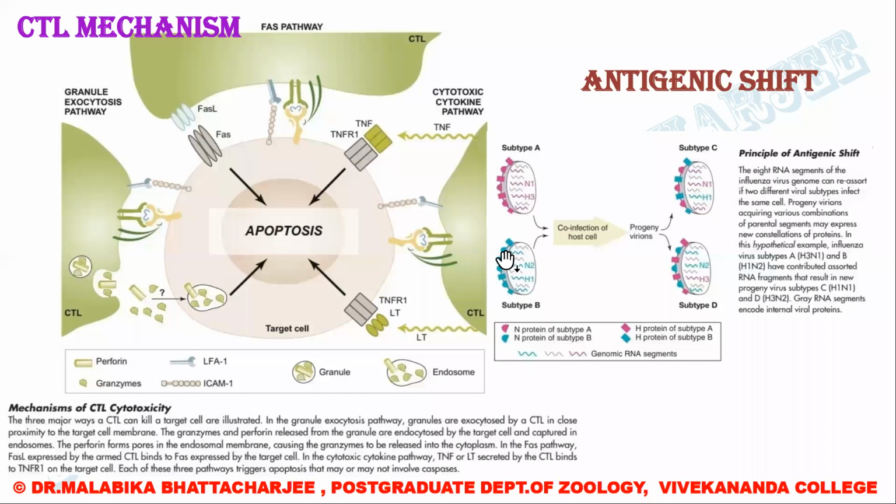We are getting blue semicircle blocks and blue rectangle blocks. In this subtype, we are getting blue rectangle blocks and pink semicircle blocks. And in subtype D, pink rectangle blocks and blue semicircular blocks. So, by a simple mechanism of recombination, two subtypes in one cell are giving rise to other variant subtypes.